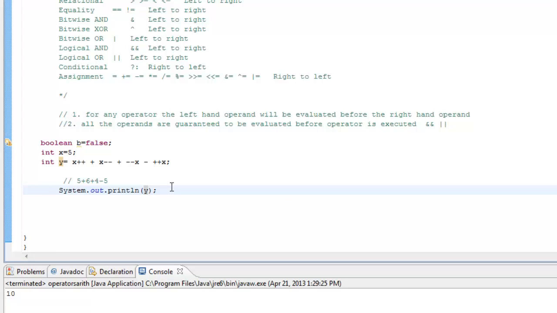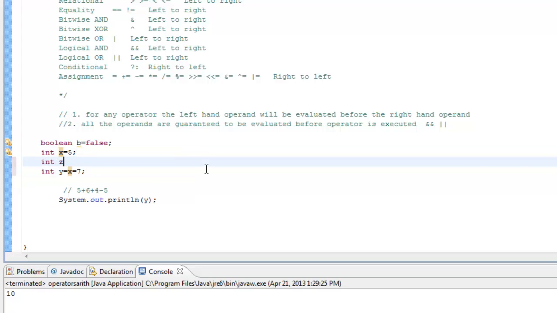So then we have left associative and right associative. We have already seen left associativity, which is calculation of the expression from left to right. Now let us see what happens for a right associative. In case I say int y is equal to x equal to 7, in this case first x will be assigned 7, and in case I have another variable, say z is equal to 3, I can say this.